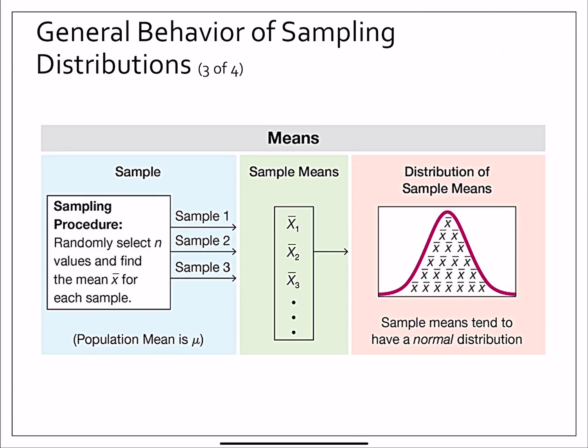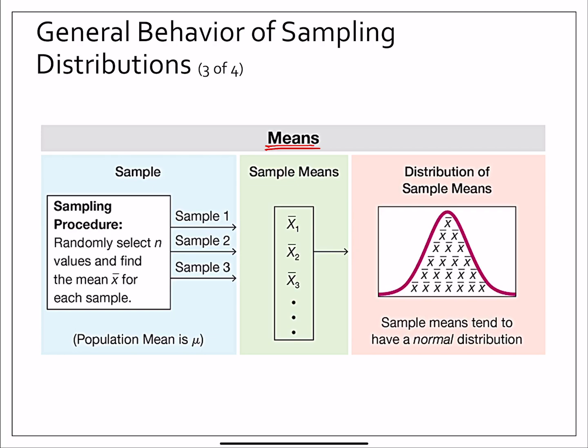Now, it looks almost like the same slide, but I promise you it's not, because this time we're looking at means. First slide, we looked at proportions. This slide, we're looking at means. So again, this is like our example with the heights. We took 50 different samples, and for each sample you found a mean.